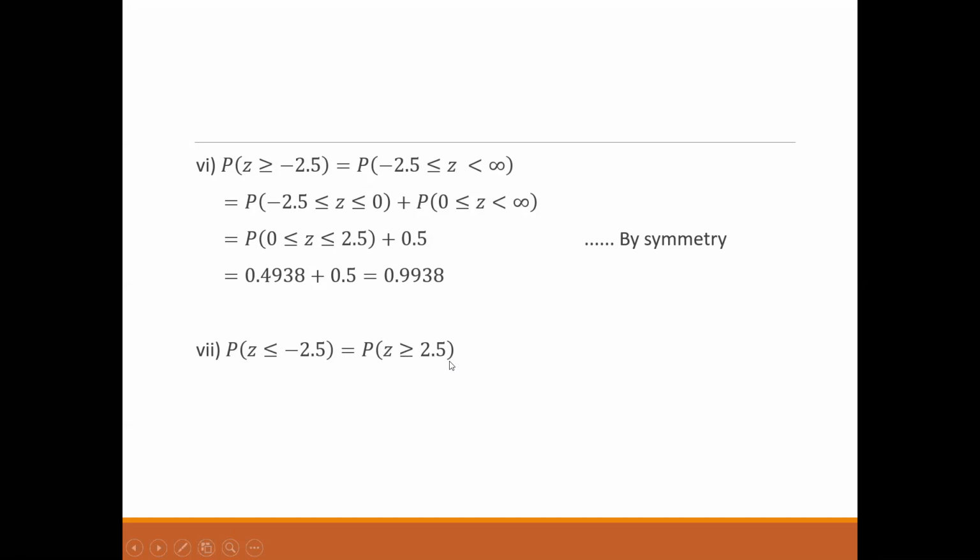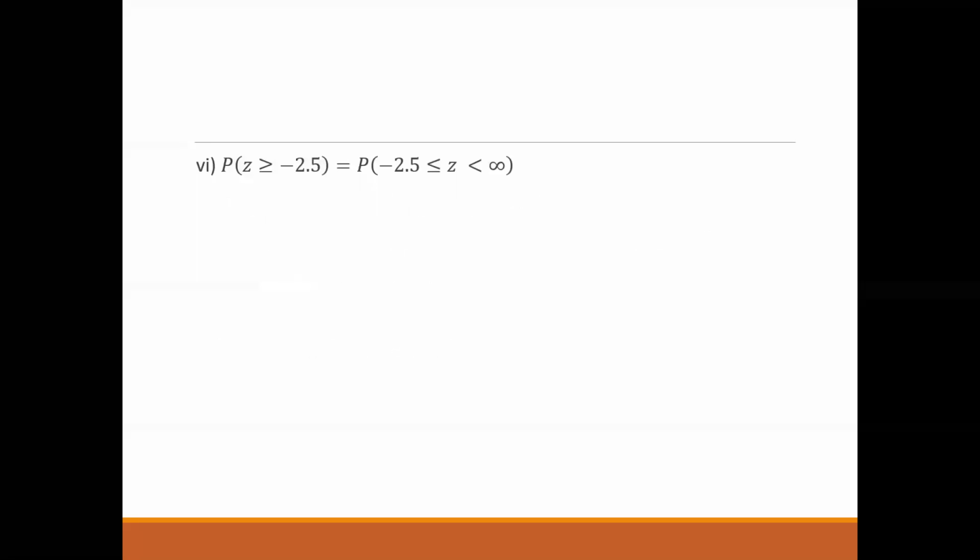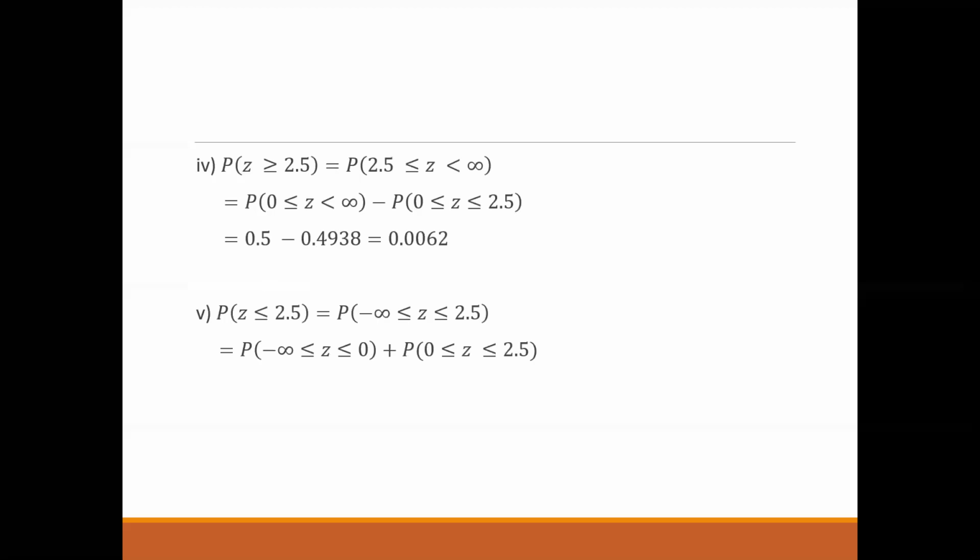Now we have already found out the value for all the points beyond 2.5 in the previous example. Where is 2.5? Here it is, this one, the fourth one. For probability greater than 2.5, all the values greater than or equal to 2.5, it is given as 0.0062.